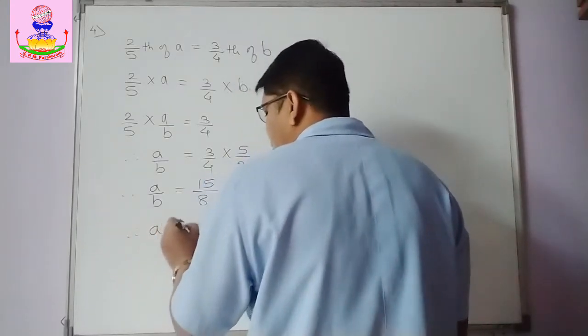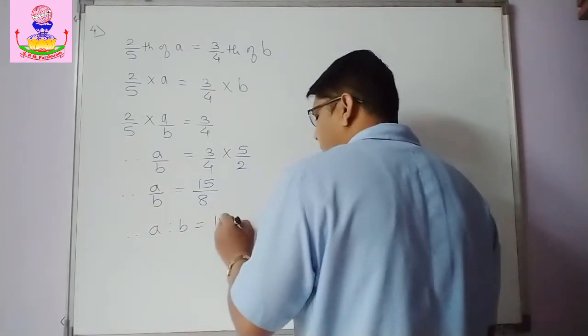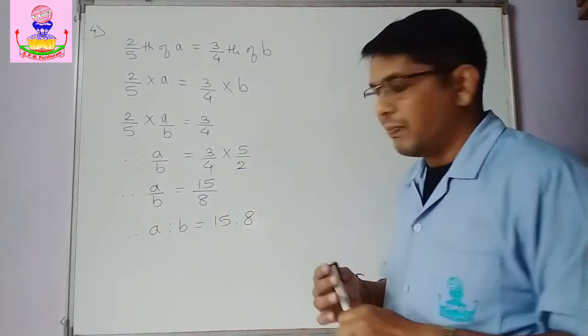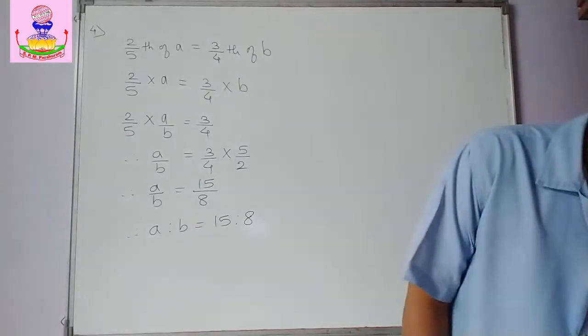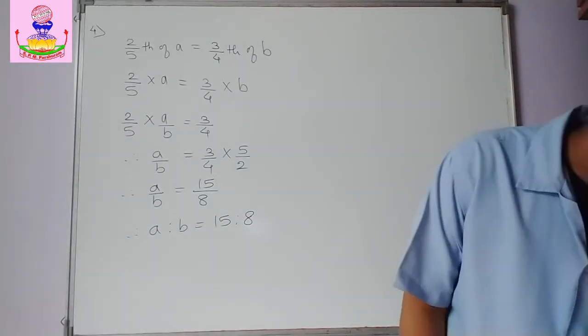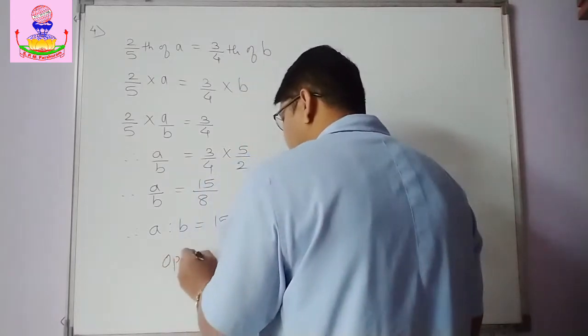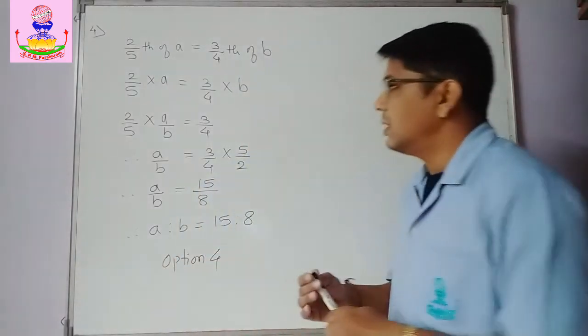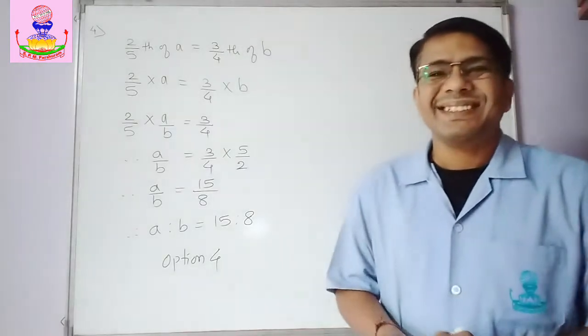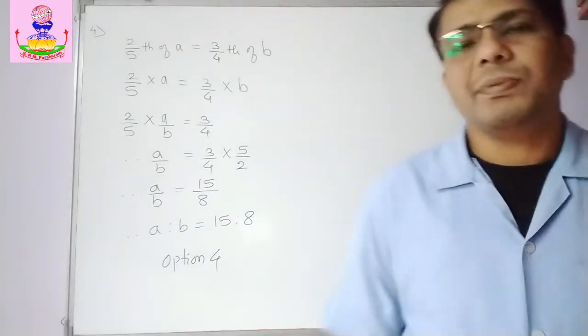So the ratio A to B is 15:8. So option 4, that is the correct answer. Okay, now next example.